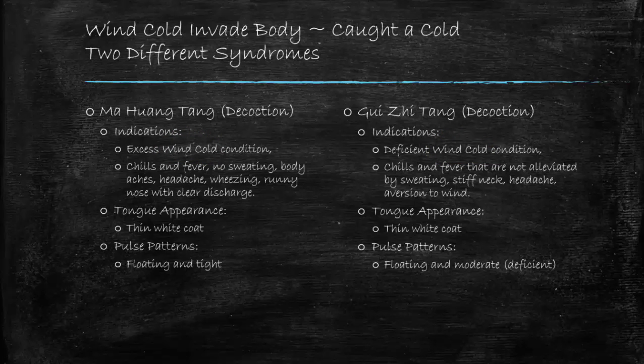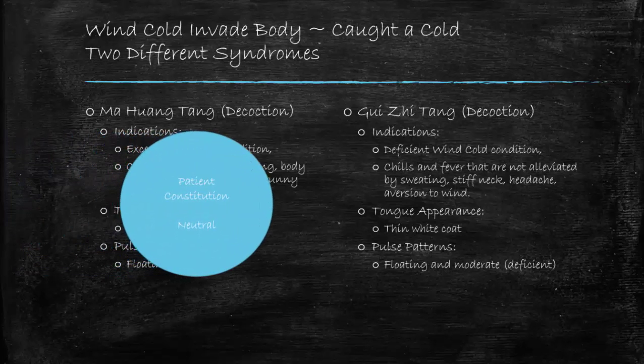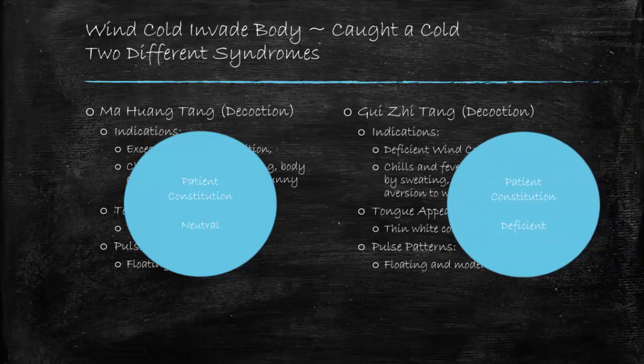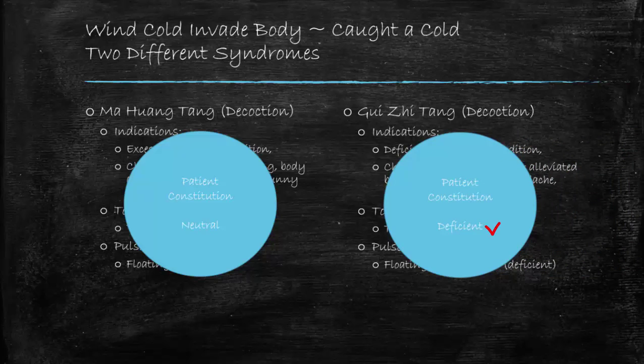The difference between Ma Huang Tang and Gui Zhi Tang is that even though it's the same wind cold invasion, the body constitution of the patient is very different. For Ma Huang Tang, the patient constitution is what we would classify as neutral. For Gui Zhi Tang, on the other hand, the patient's constitution is classified as deficient.